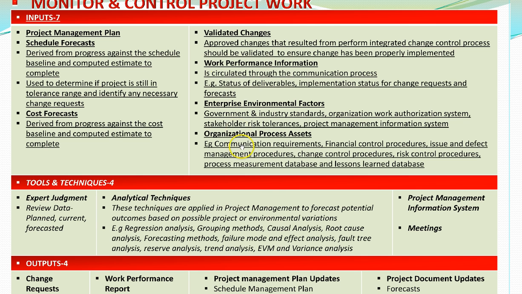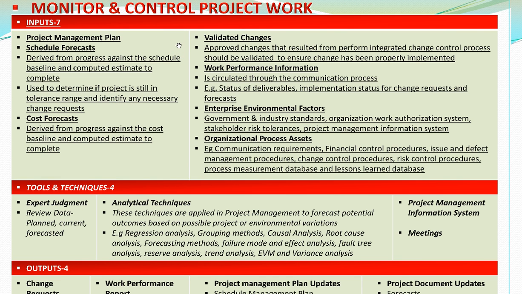If you try to memorize all these 47 processes and all the tools and techniques, you're just going to go crazy. So you have to understand, if it is a monitor and control process, what should be the input. If I would ask you what inputs you are going to use for doing this, and then if you think about it, this will make sense.